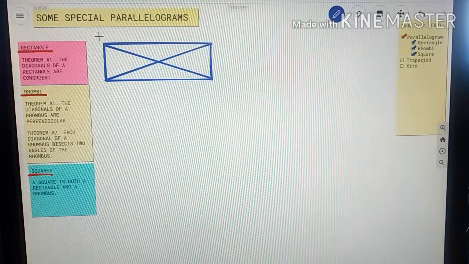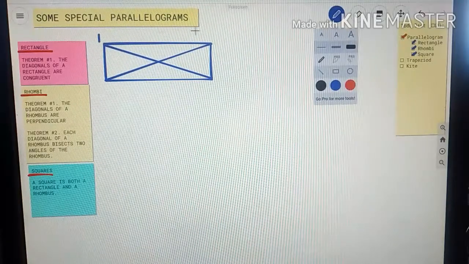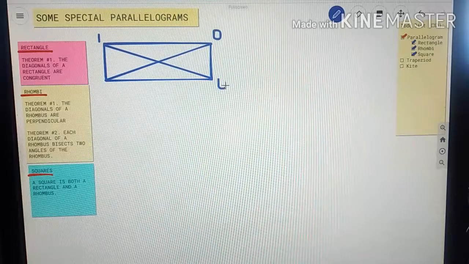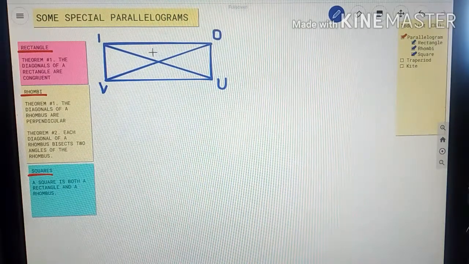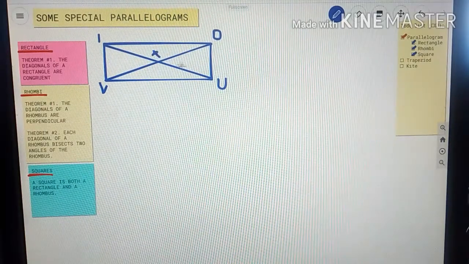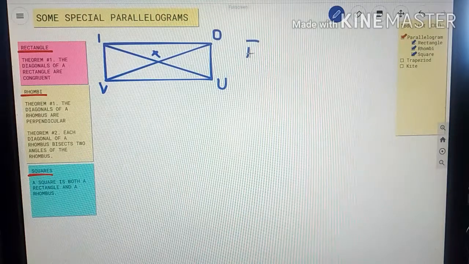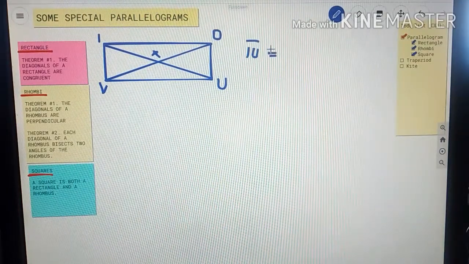For example, the diagonals are the line segments IU and VO, and they are congruent.